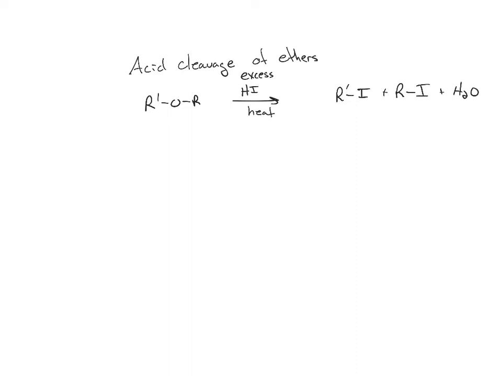So the key here, again, when you see an ether reacting, I'll be sure to put excess HI on there, so you know it's not a substitution reaction or some other kind of reaction. So in this case, we can just take the ones we had before, react these with excess HI and heat.